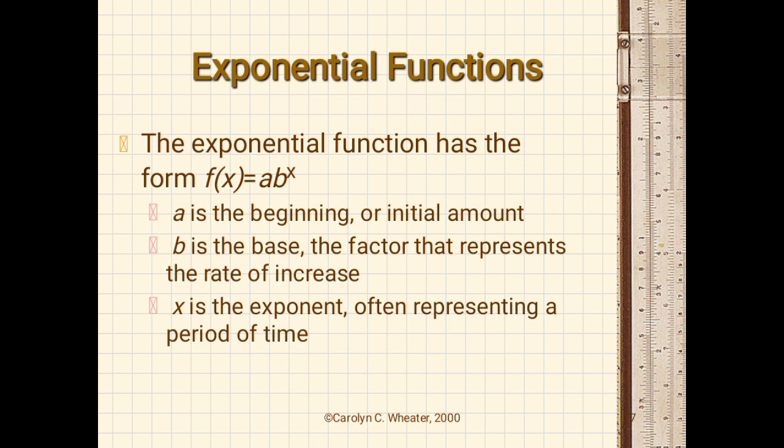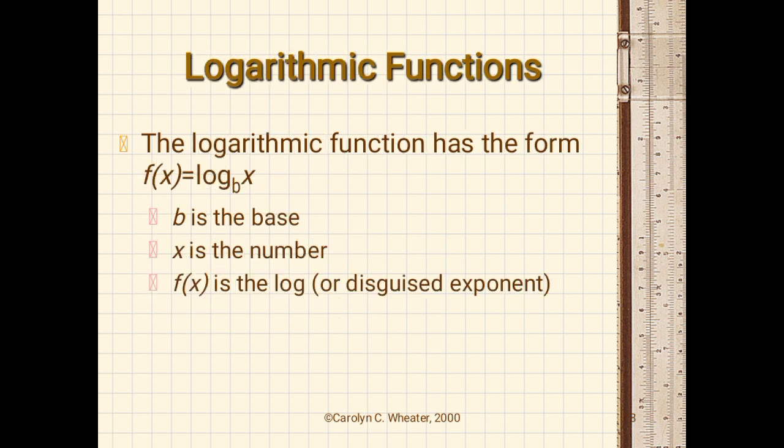So a is the beginning or initial amount, b is the base, the factor that represents the rate of increase, and x is the exponent, often representing a period of time. A logarithmic function has the form f of x is equal to log base b of x.